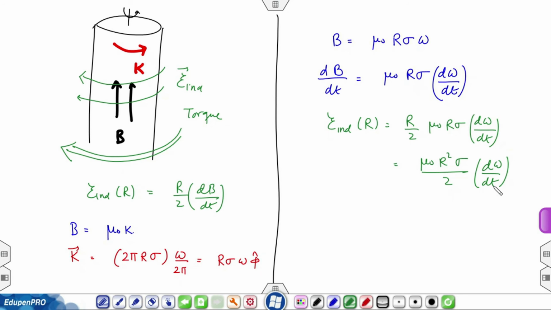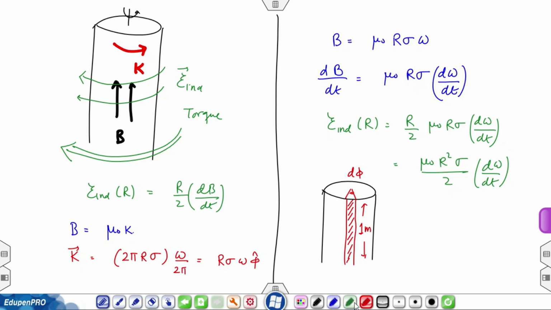This E induced is going to apply a force on each charge. So, let us see, if I make the cylinder like this and take a strip on the cylinder here, of angular spread d phi, and this length is unit length, let us say 1 meter.